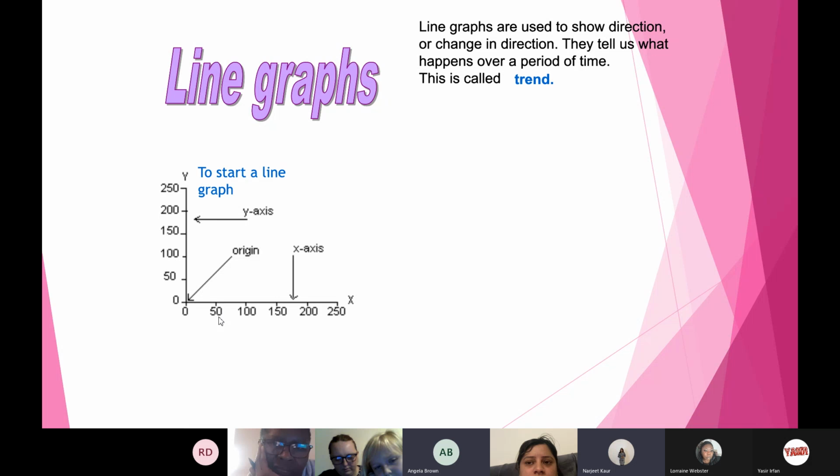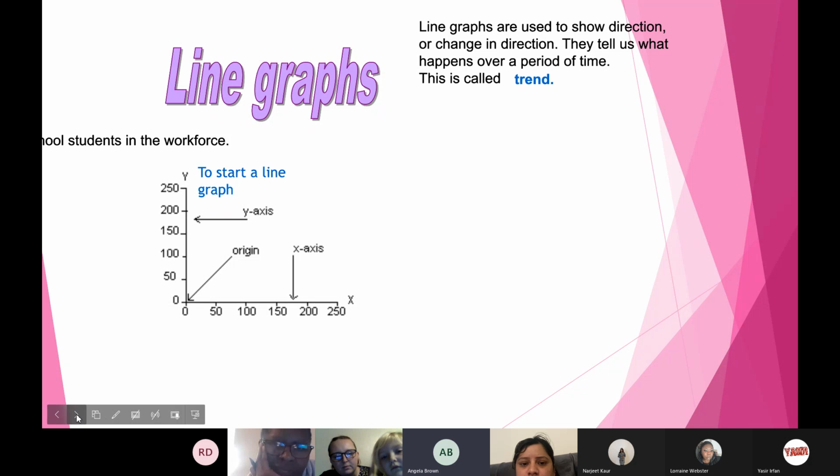We put our numbers or our labels exactly where the line is. So you can see 50 is under that line, 100 is under that line, 150 is under that line, etc. So we do not put it in between. That's the difference between your bar charts and your line graph.